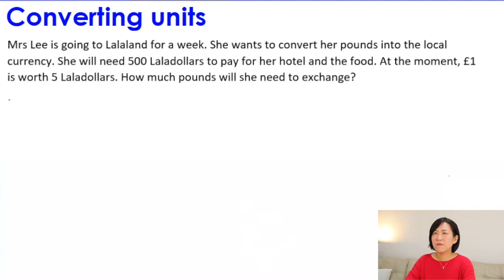Let's begin with our final goal: we need to find out how many pounds she needs to exchange to dollars. Now, as you can see, let's see our keyword. She needs $500. Then we need to figure out how much it will be in pounds. Luckily we found our ratio.